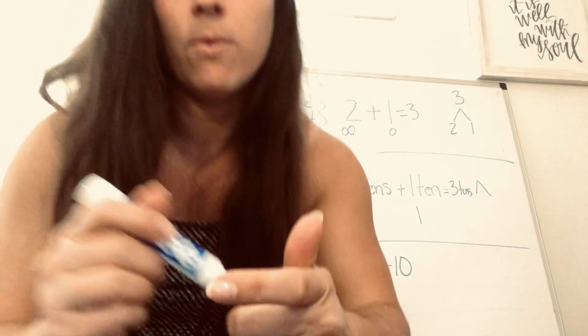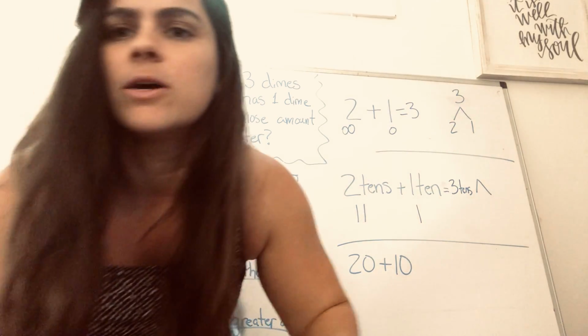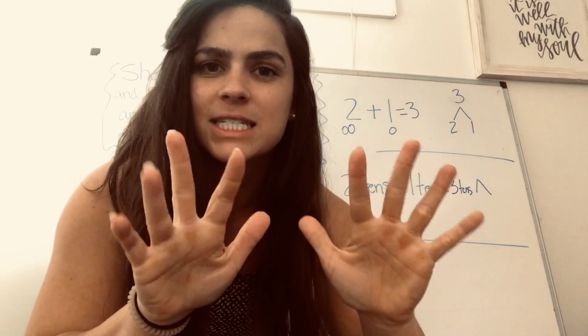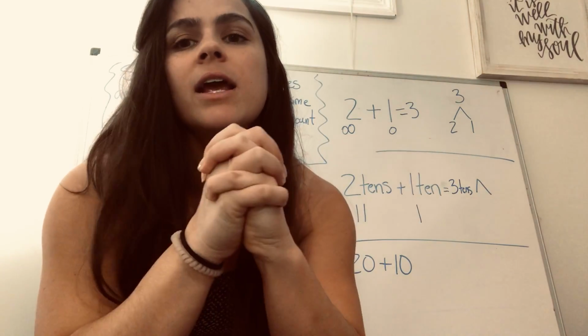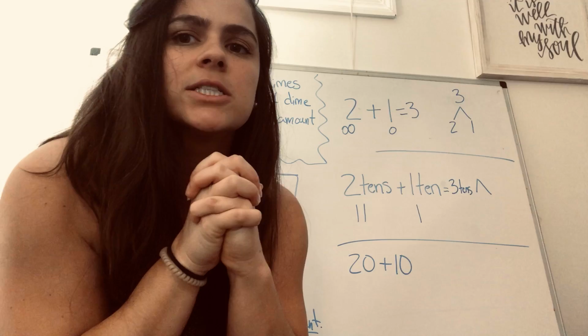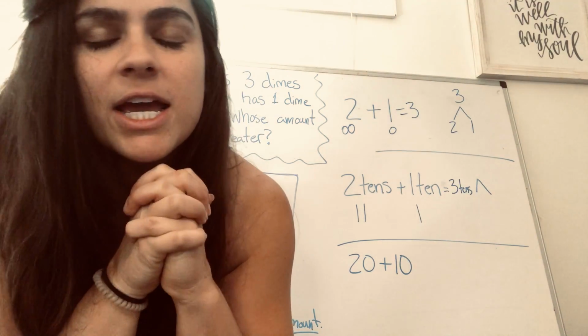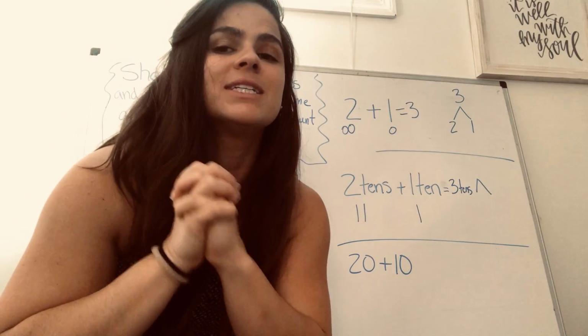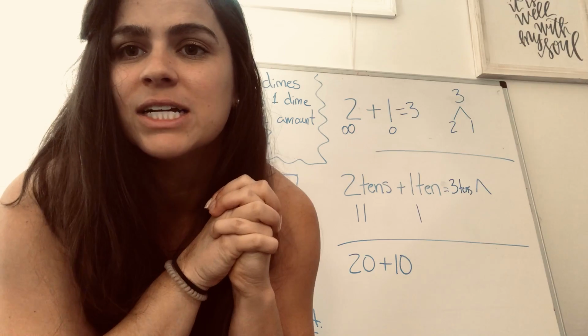All right, in order to come up with the value of each, in class we would use our hands. So we would say, here's my magic counting sticks, and I would say make 10, and you'd put them together. And then we could have 2 friends together to make 2 tens, and we need 1 more friend to come and make 2 tens plus 1 ten, and then we would have how many tens all together?